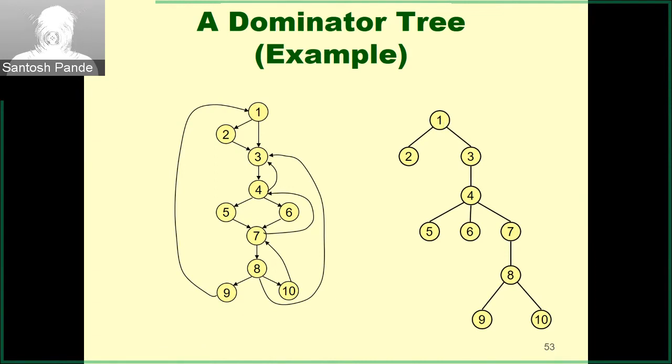For example, if a is assigned as a constant 10 here and a is used in 2, the question is: is it safe to replace the use of a in 2 by the constant definition in 1? The answer is obviously it's always safe, because no matter what happens, you cannot come to 2 without going via 1, which basically means a equal to 10 must occur here before you come to 2.